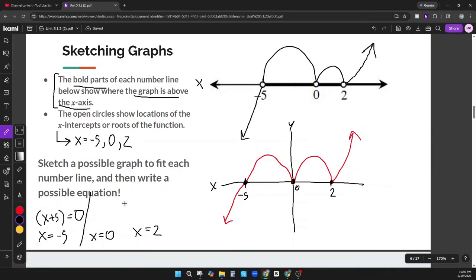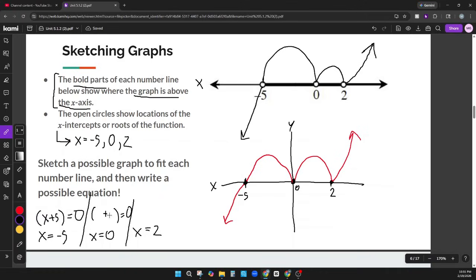Now from our next intercept, we have x equals 0. Well, for this one, if we have a parentheses, something plus 0 is equal to 0, or excuse me, 0 plus something is equal to 0. Kind of gave it away there.